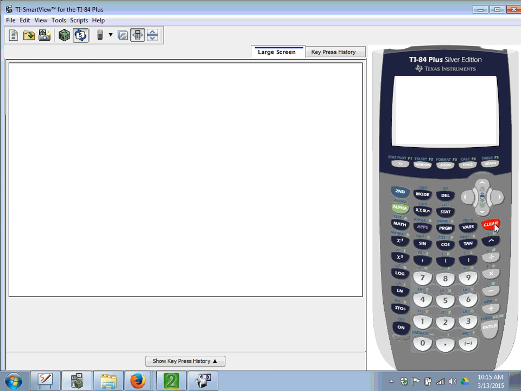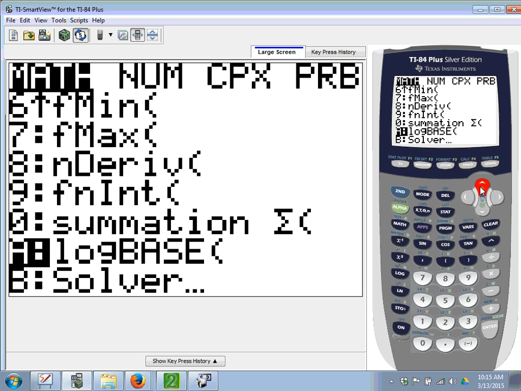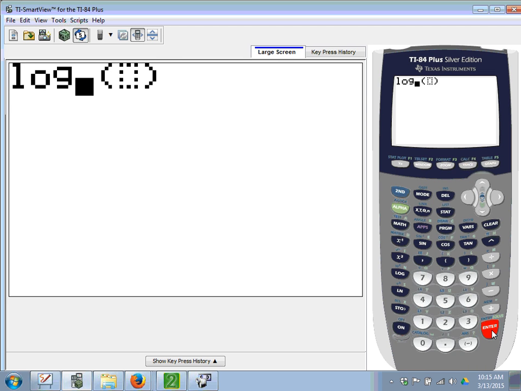Come on now, guys. There we go. Math, log base. Now you can change it to a log base 3 of 27. And guess what it equals? 3. Log base 3 of 27 is equal to 3. If your calculator doesn't have this feature, I'll have to show you next time. There's a way to get around it, but it takes a little bit longer.